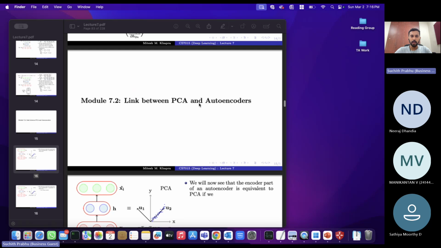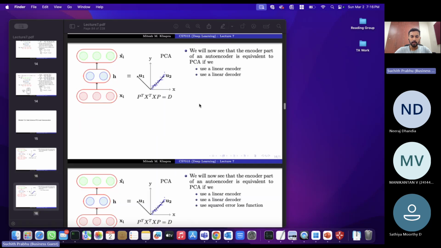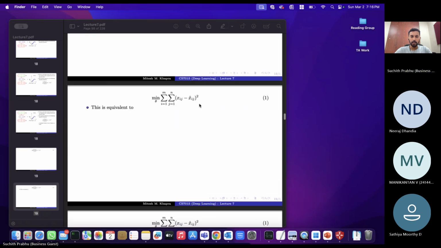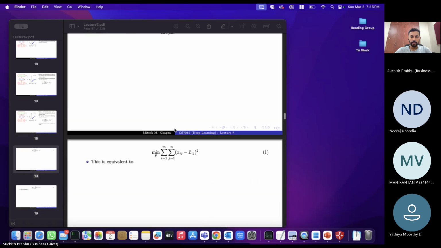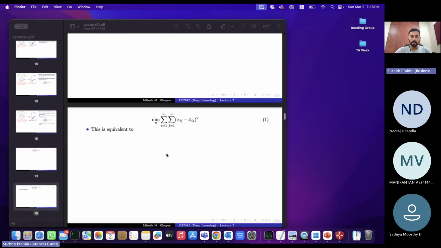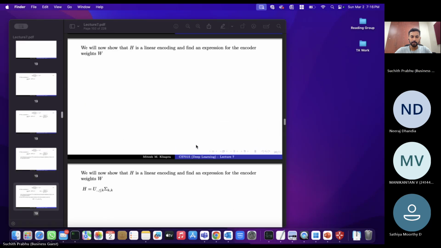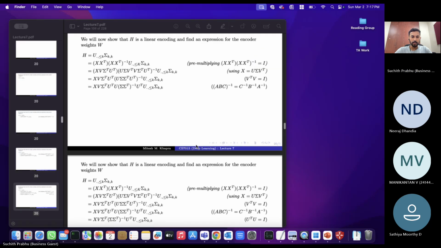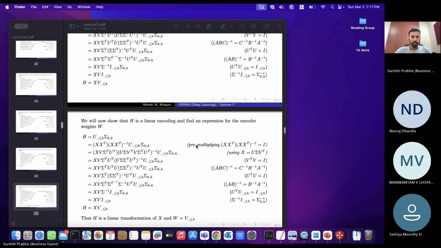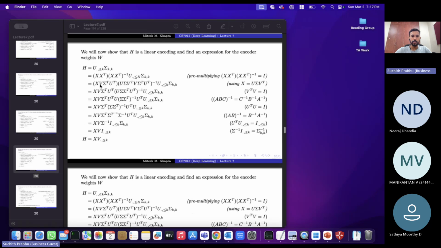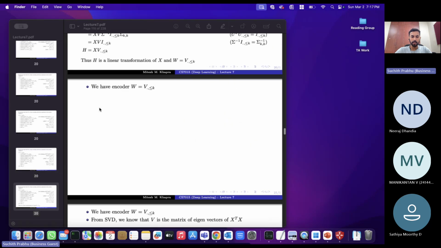Okay, and then we saw a link between PCA and autoencoders. There was a proof where, if we use this MSE loss function and remove the nonlinearity, the hidden representation H would be just X times the V matrix that we get in the SVD of the matrix X. So this was proved in the class.